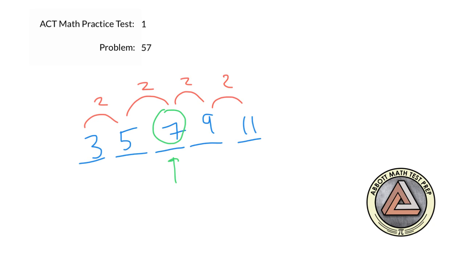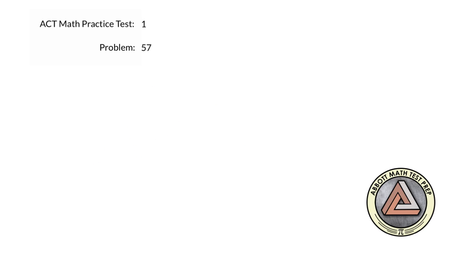So therefore, the answer to problem number 57 is A, because they already tell us that there is a finite arithmetic sequence. It's got 7 terms.